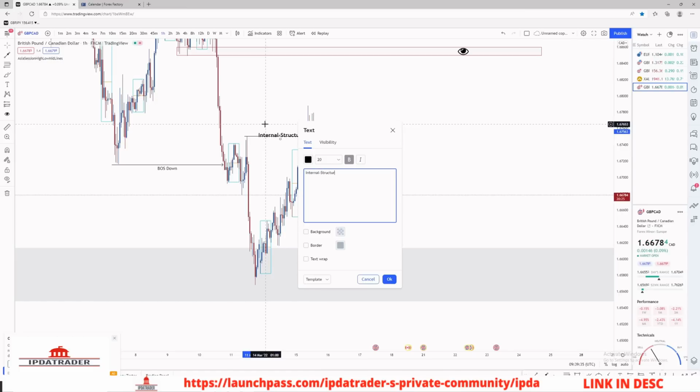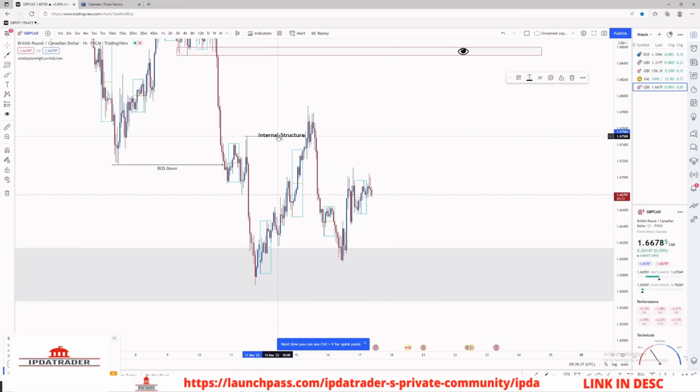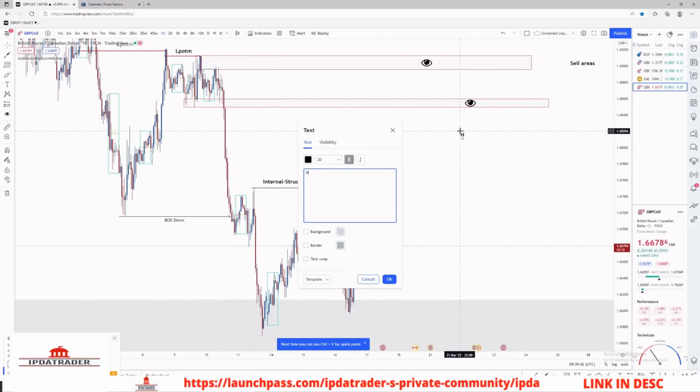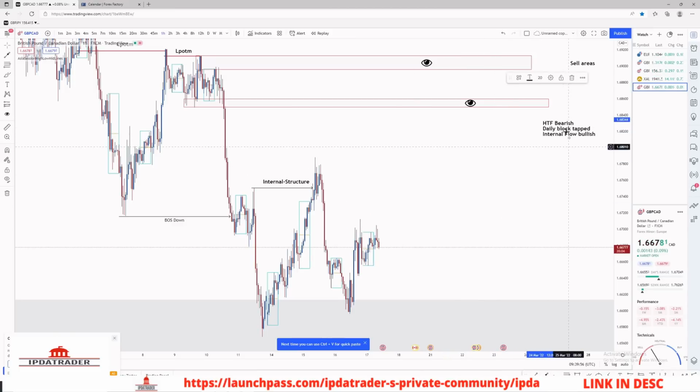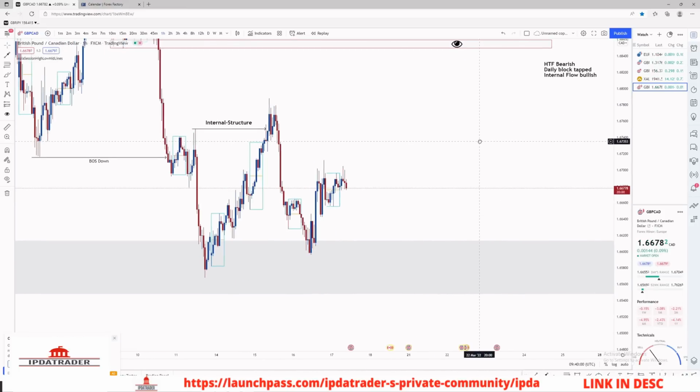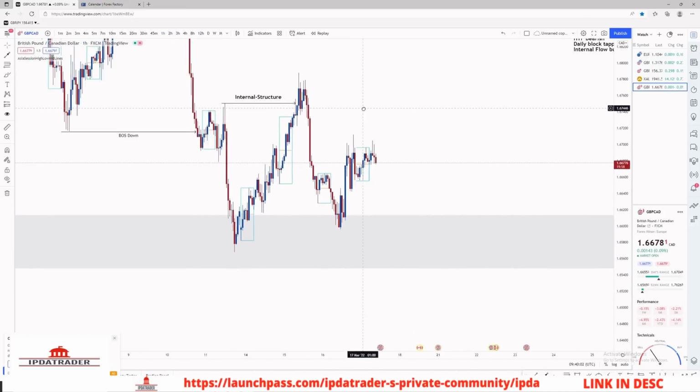Internal structure break. So now we have, once again, let's summarize what I'm seeing: higher time frame bearish, daily block tapped, internal flow bullish. This is essentially the information that I'm working with, and it's currently in the back of my mind, trying to make sense, right?